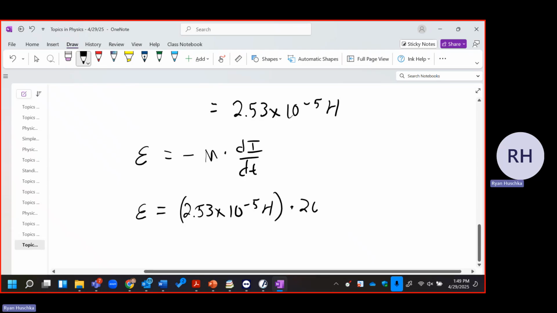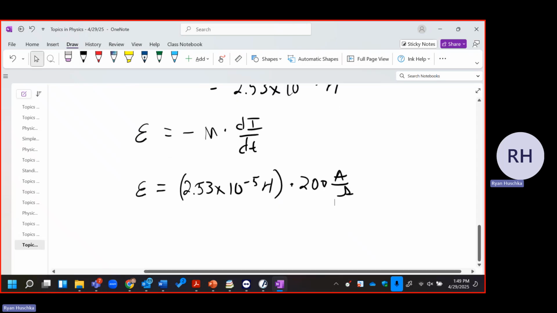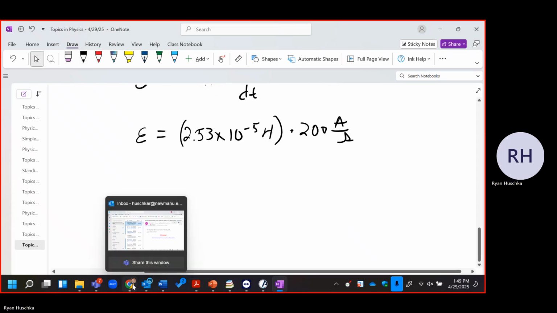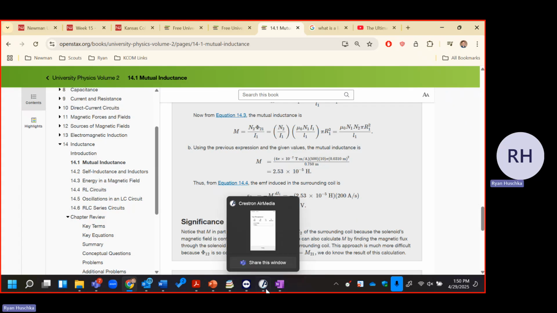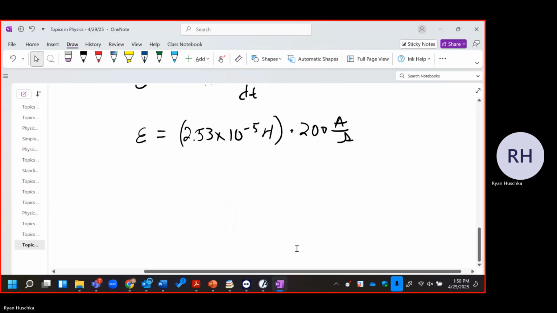Just take it times your 200 amps per second. That's what current over time is, amps per second. Wonderful. And you get, in this case, negative 5.06 times 10 to the negative third. And our unit there is volts.